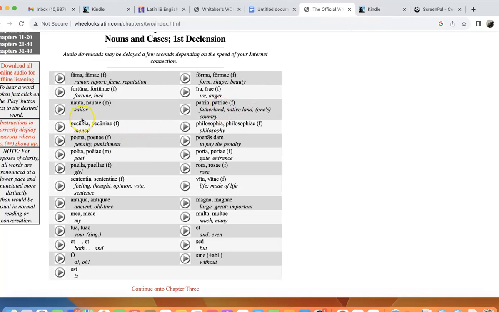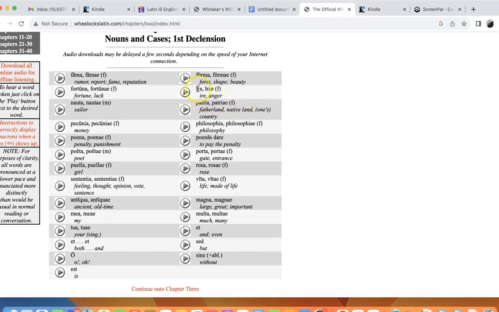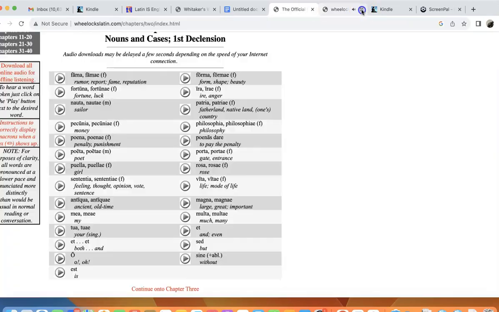Puella, puellae. And let's see if we can get one with a macron. So here's one with a macron: ira, irae. So again, just make the vowels with the macron, the line above it, long. And forma, formae. Okay, so take a look at that.